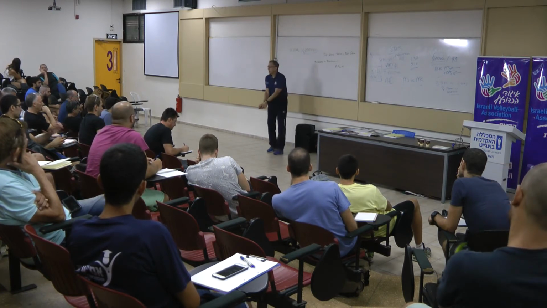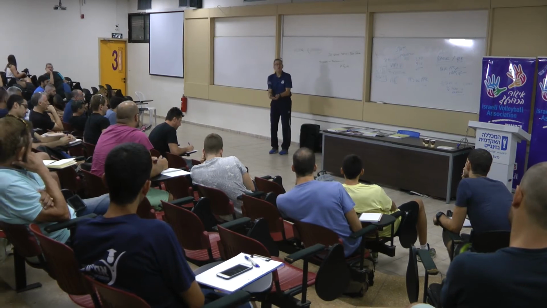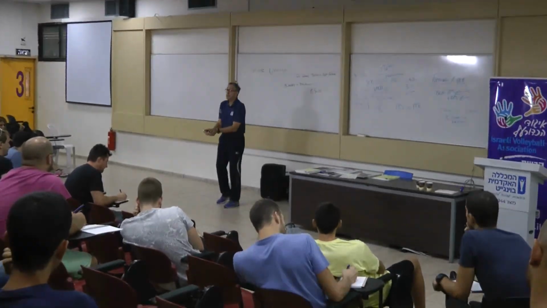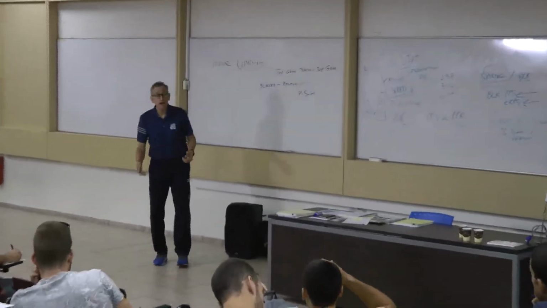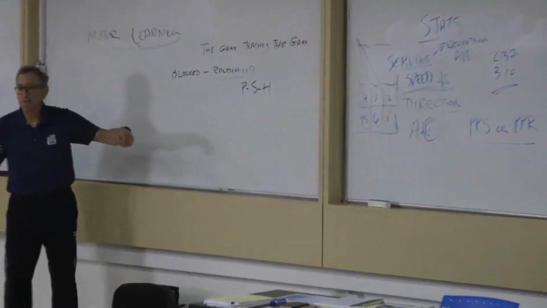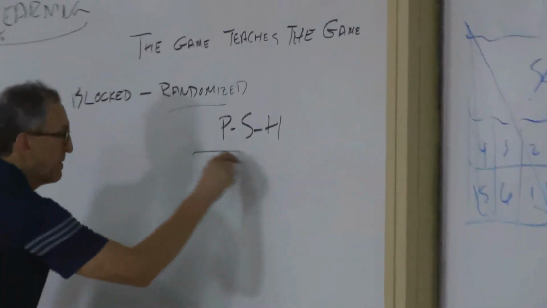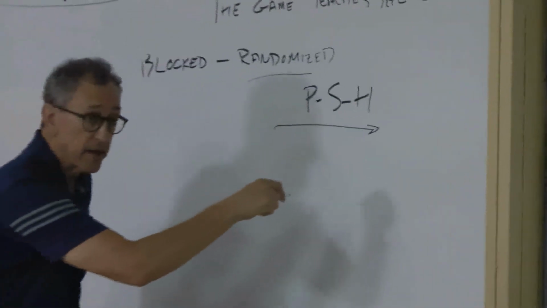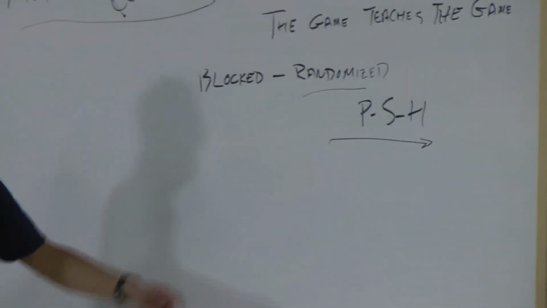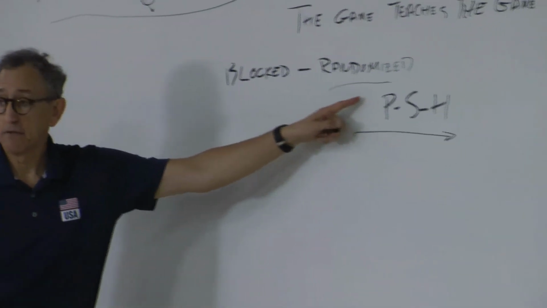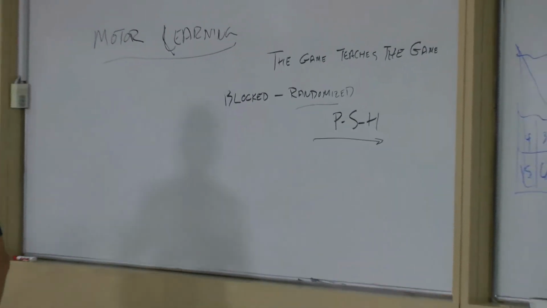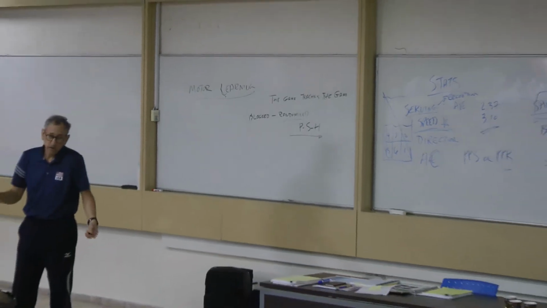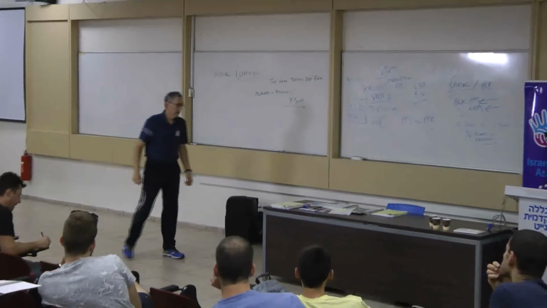Could be dig, set, hit, free ball, set, hit, block, cover, set, hit. Could be a lot of different ways to get the ball to the setter, but it's something in that sequence, and then do it again, and then do it again. That's more randomized. Could be serve, pass, set, hit. Yes? So you understand the issue, okay?